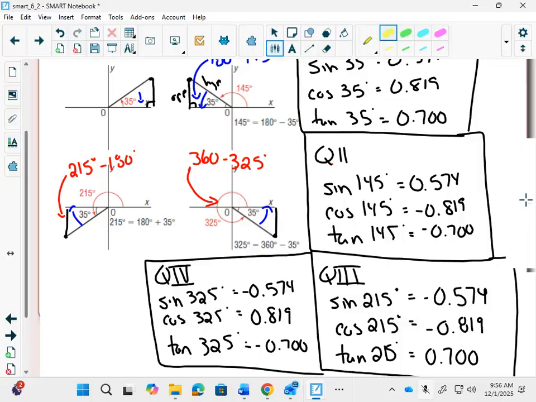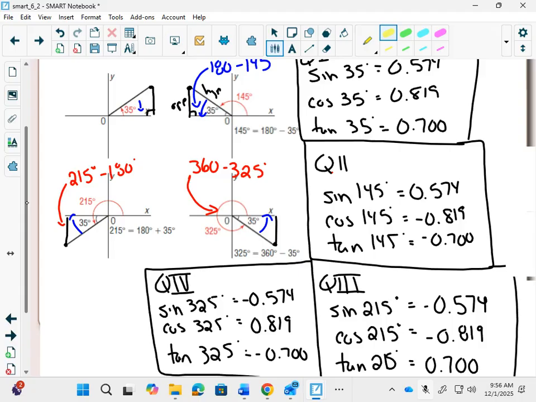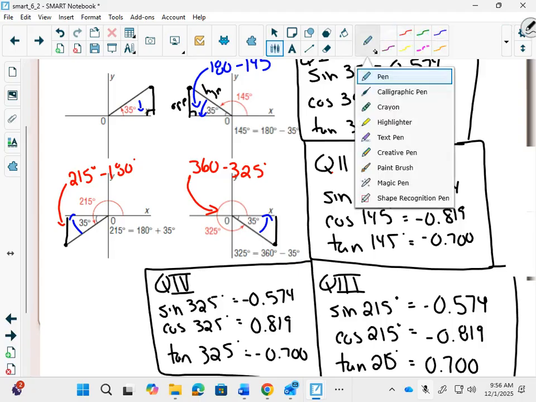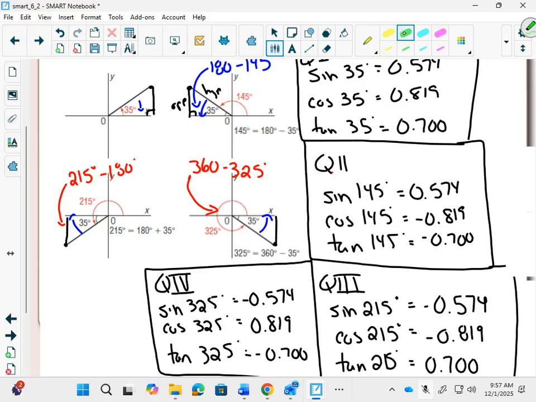And what I'd like you to do right now is I'm going to take out a green highlighter and I just want you to highlight the positive ones. So in quadrant 1, I can highlight this whole box because all of them were positive.